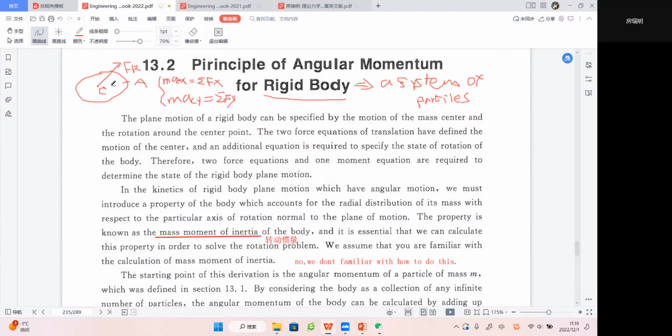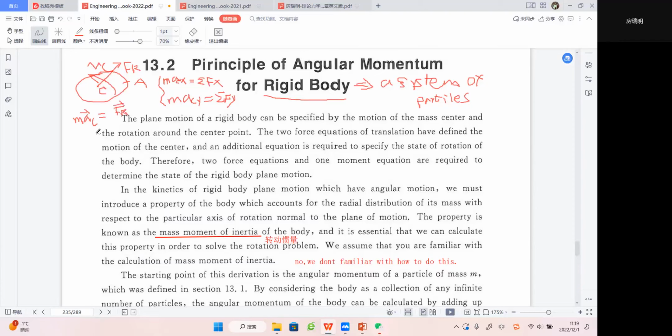We also have a principal moment MC, right? We can think, if Fr is not zero, we have MAC, right? Means the acceleration AC of the mass center will equal Fr.